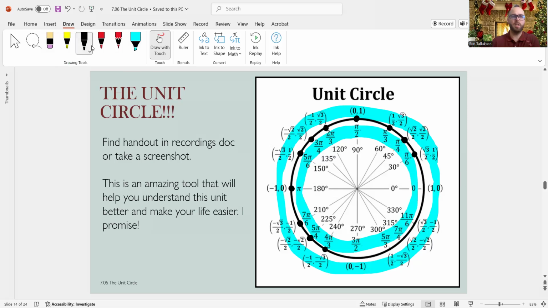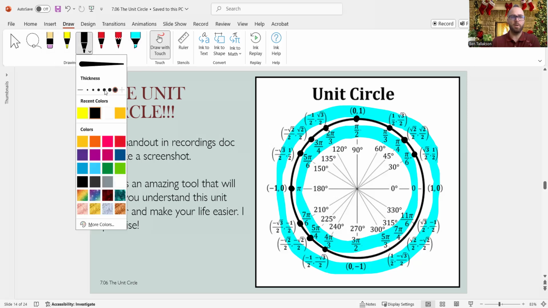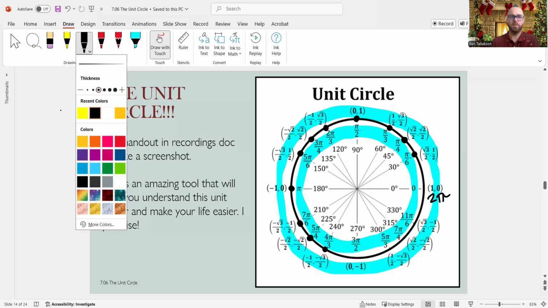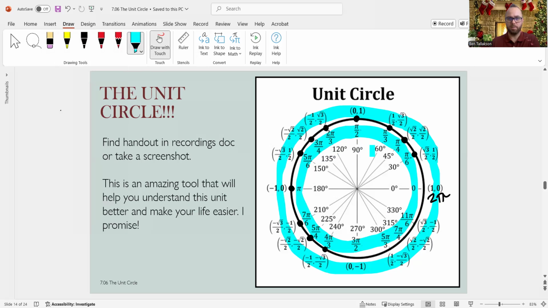Those are your radians, right? And remember, radians, if you go around one full time, there are 2 pi radians in your unit circle. Last but not least, what are those? Those are degrees, right? And if you go around one full time, there are 360 degrees in a circle, in any circle, and the unit circle is no exception.